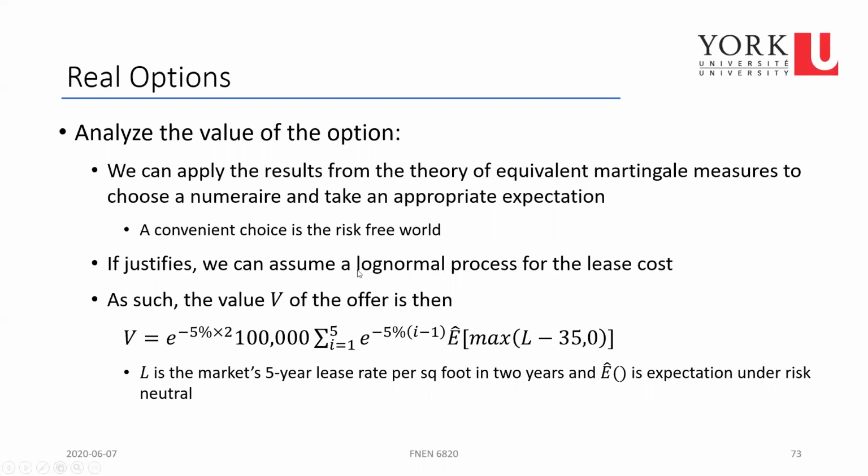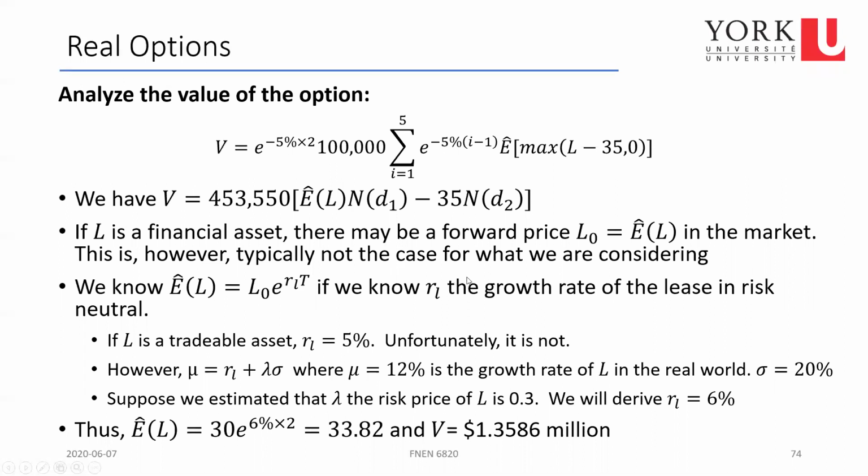Now, if we assume log normal process for the lease cost, then we know what this expectation is. We know that in order to evaluate this expectation here, it turns into an expected value of the lease times N(d1) minus 35, which is the strike, times N(d2), right?